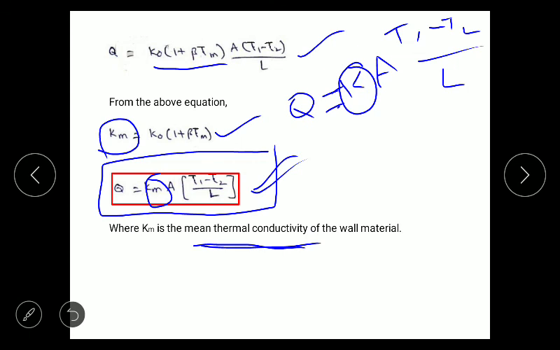So if we know the mean thermal conductivity value, then even if it is a variable thermal conductivity case, we can apply the uniform thermal conductivity equation. Right, so these are the one-dimensional steady state equations for two cases: uniform thermal conductivity and variable thermal conductivity.